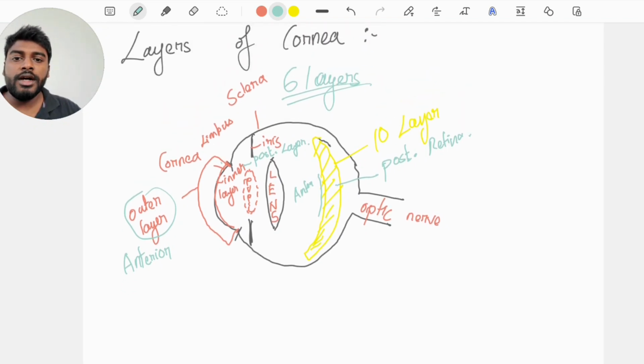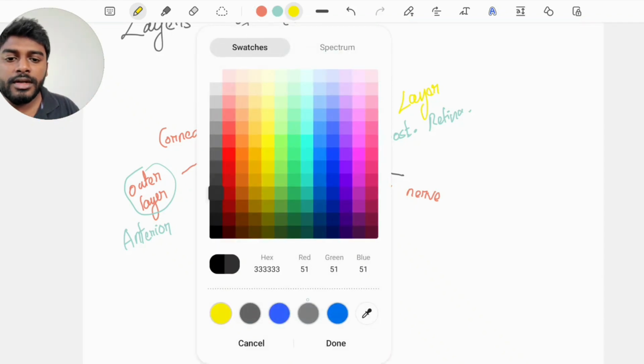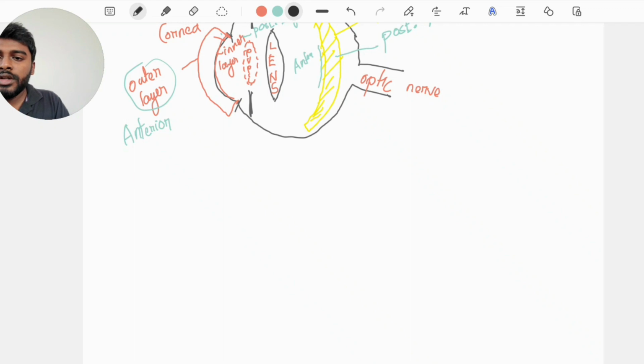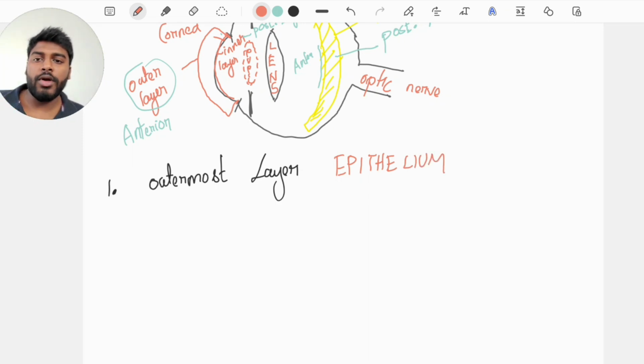Now we will move on to the first layer of the cornea. What is the first layer? The outermost layer is called the epithelium.